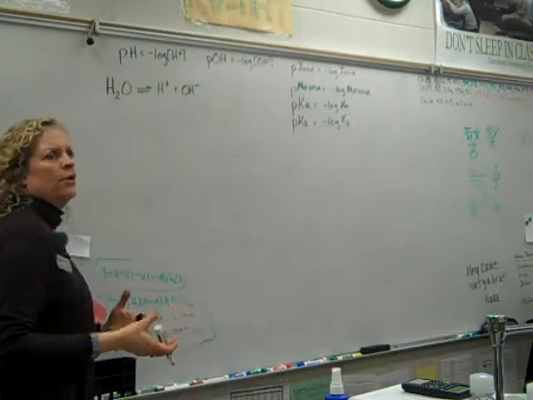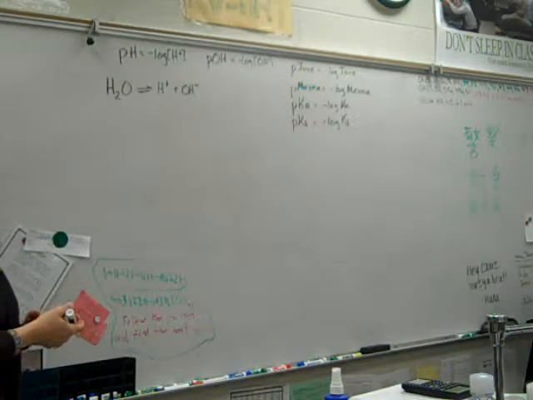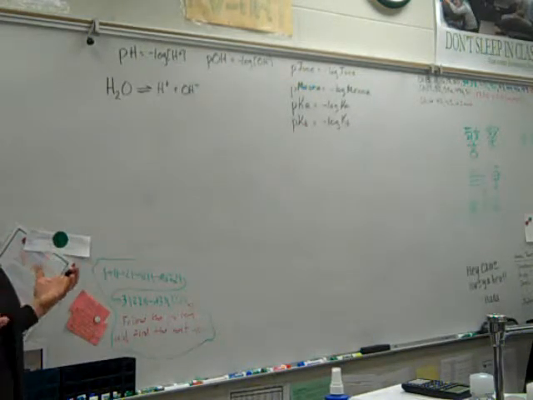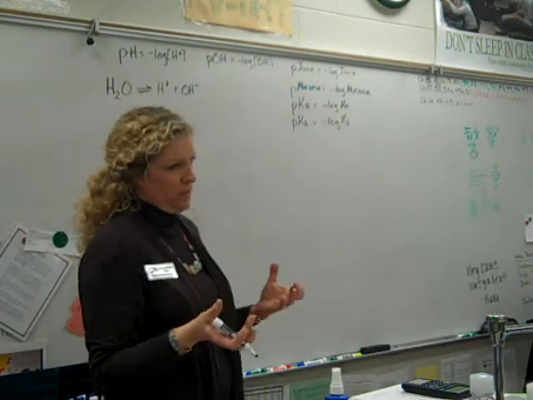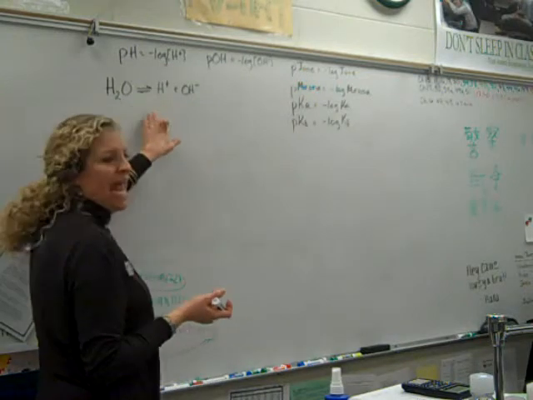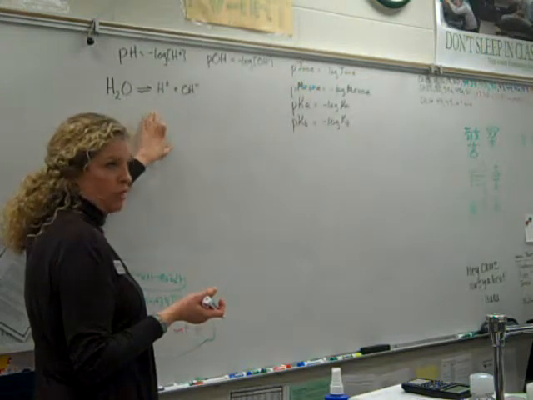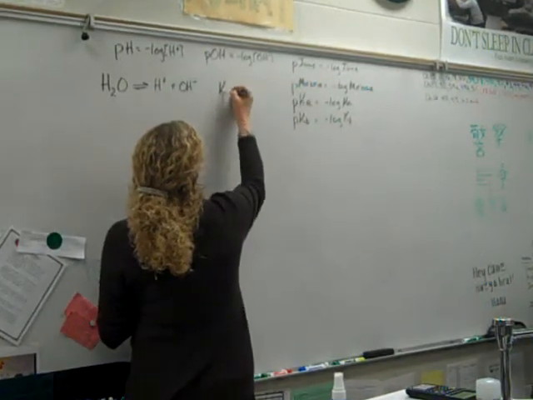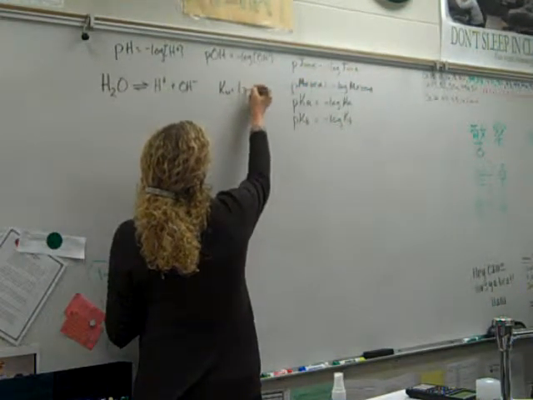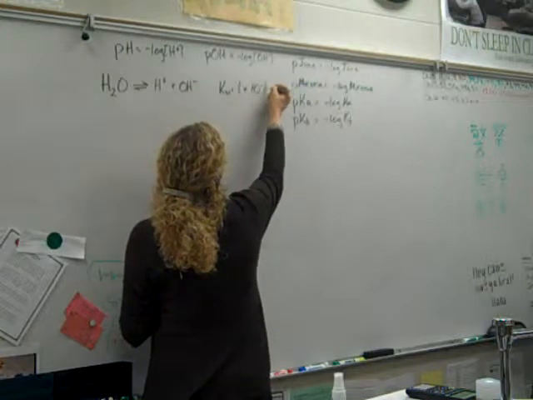We call this the auto ionization of water, or auto dissociation of water. Now, it's almost undetectable. The K value that goes along with this reaction is 1 times 10 to the negative 14.